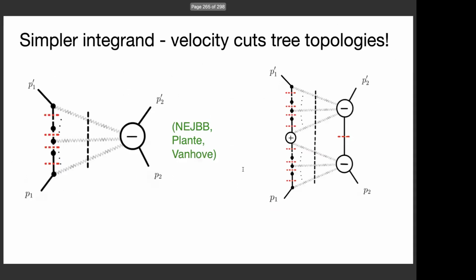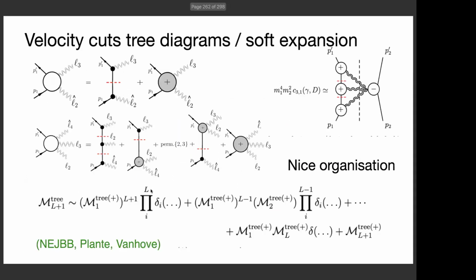So this is back where we talked about the velocity cuts here. What happens is that when we are computing the classical effects, it's basically writing out an expansion in the transfer momentum Q. That means that what we are really considering is quite soft gravitons in the cut.